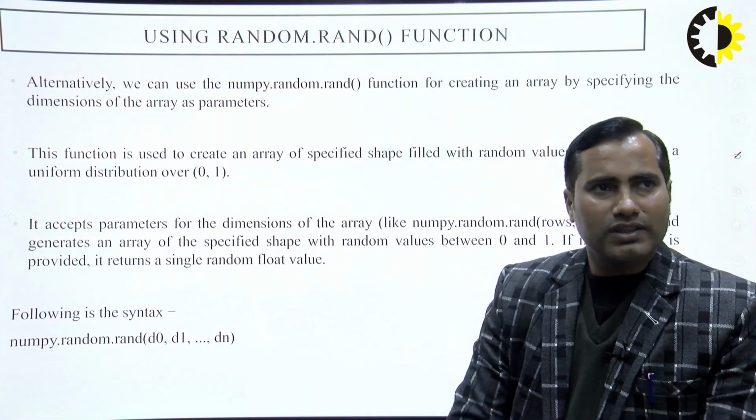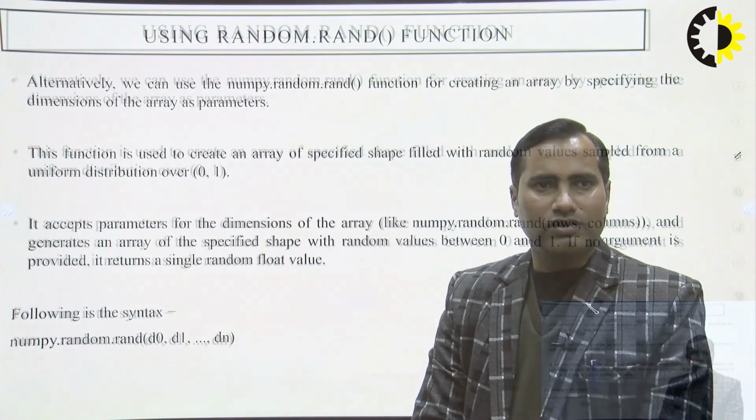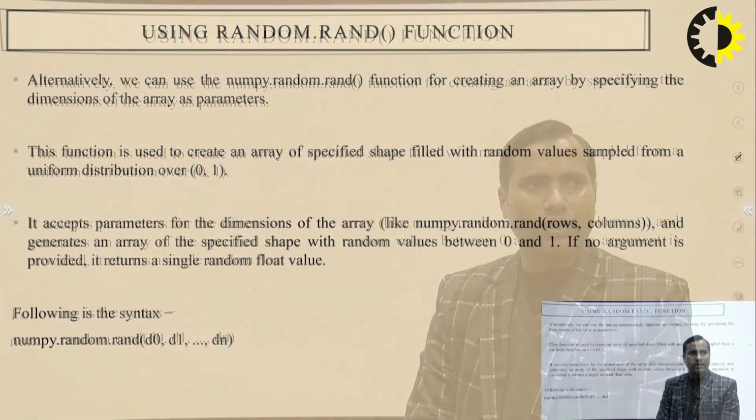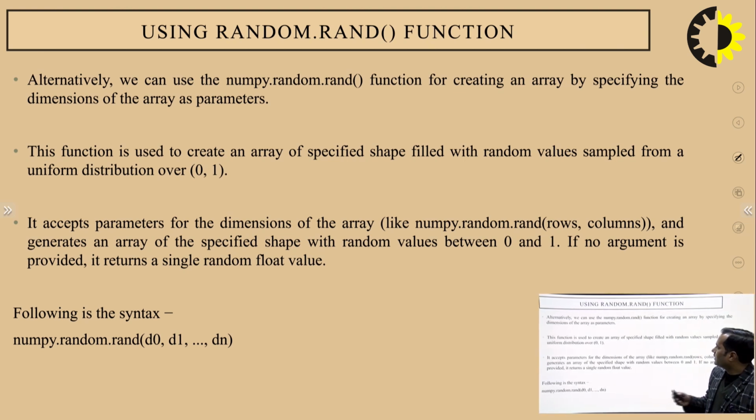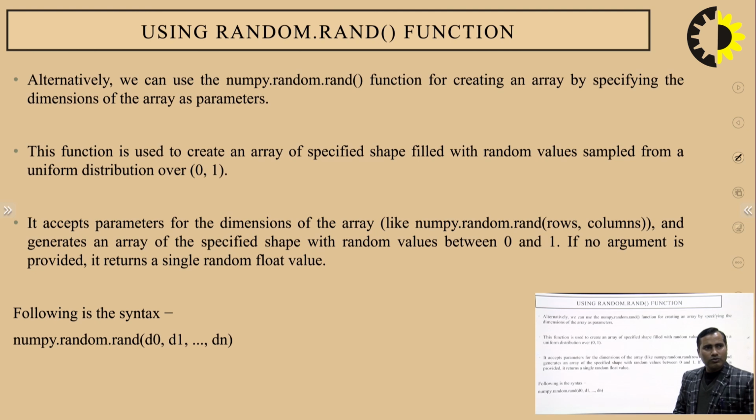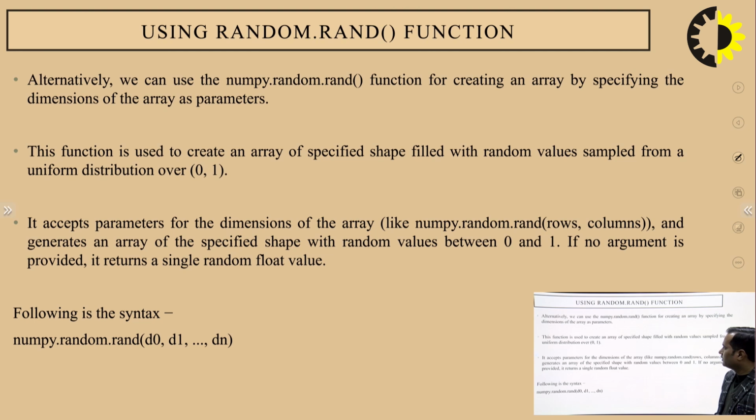So as we have discussed, we have various routines through which we can create ND array objects. In that series, we also have the random.rand function. This function is used to create an array of a specified shape filled with random values sampled from a uniform distribution over zero and one.